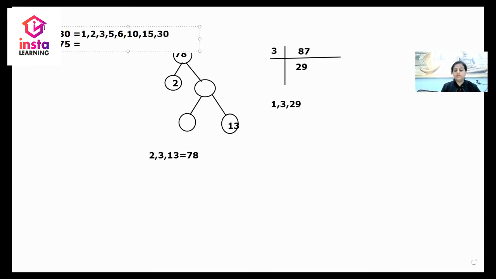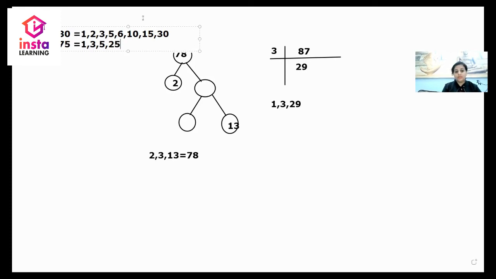These are the factors. Now we come to 75. It is 1. Okay. And then 3 can also come, but 2 cannot come. 3. Then 5. Okay, beta, that is 5. And then it will come 25. But here we want the common factors, which are at most up to 30.